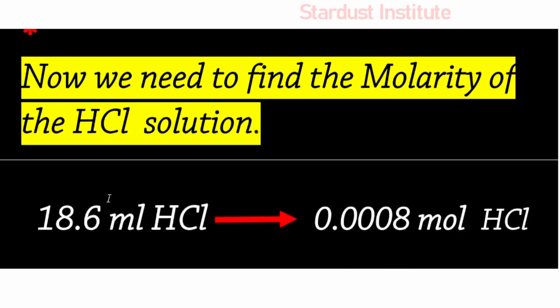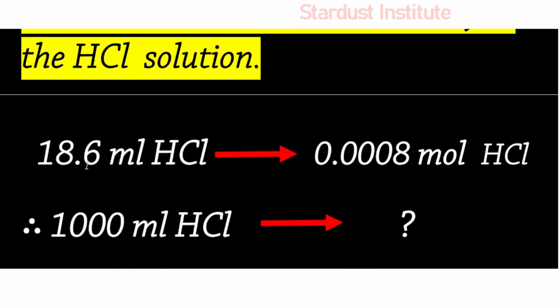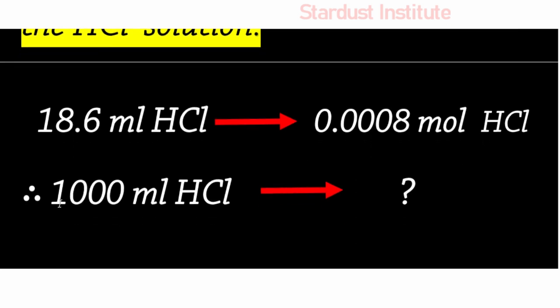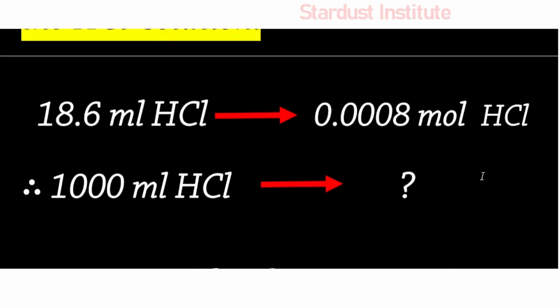We know in 18.6 milliliters of this HCl solution, there are 0.0008 moles of HCl. Then in 1000 milliliters of this HCl solution, how many moles of HCl are there? It is molarity.